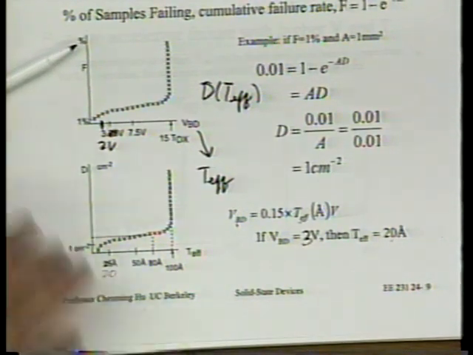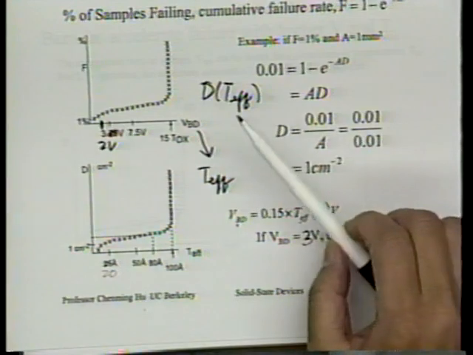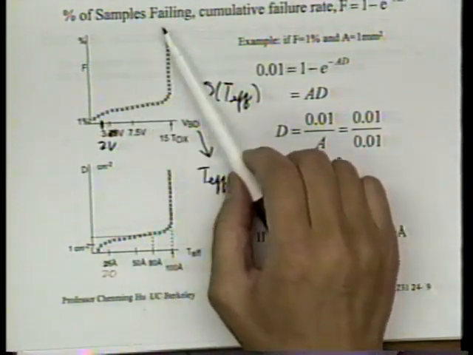Now here, I want to take this opportunity to introduce a very important concept, not only with reliability, but also with yield, manufacturing yield, and that has to do with manufacturing cost. Yield has to do with the defect density and the percentage yield. It has to do with this percent of samples failing.